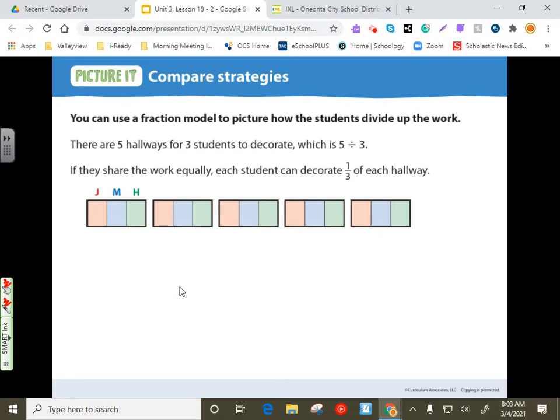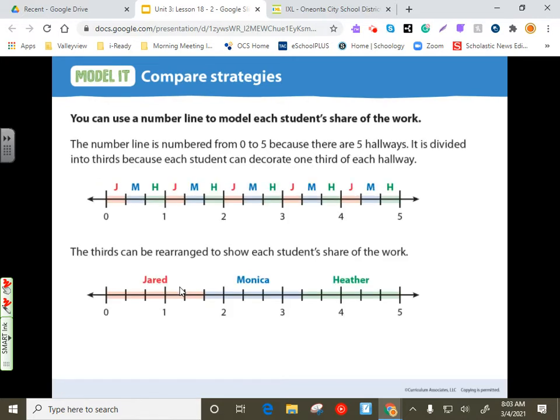And then down below in Model It, the number line is numbered from 0 to 5 because there's 5 hallways. That makes sense. Here's 0, 5 total hallways. And you can divide it into thirds. They can rearrange all of the Jared ones, which are red, and Monica's blue, and Heather's green.